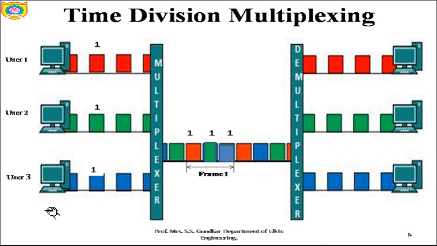Here you may have three users, that is user 1, user 2 and user 3. Now TDM is a digital multiplexing technique and here three users are shown. As I already told, both processes are shown here, and one important thing you can notice is that only one communication channel is available.